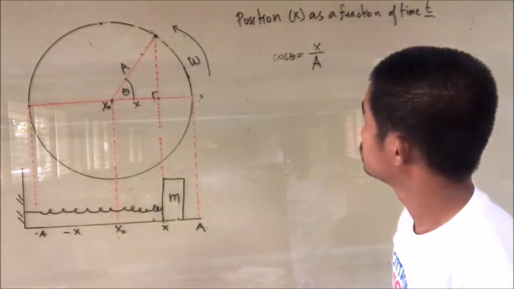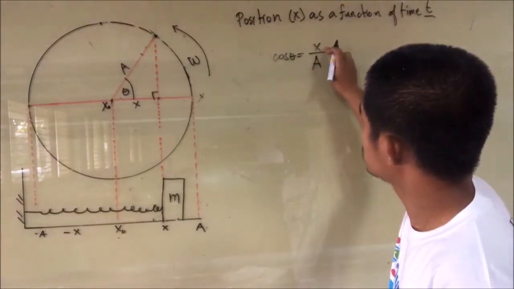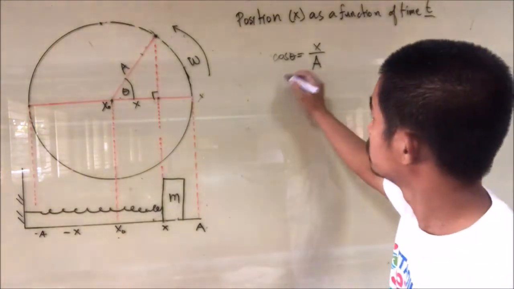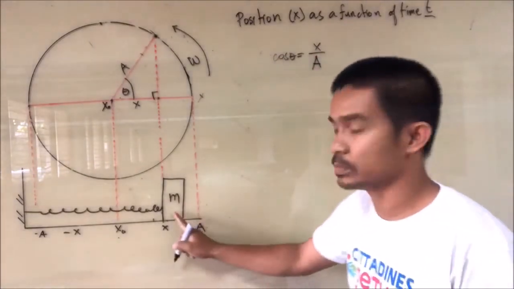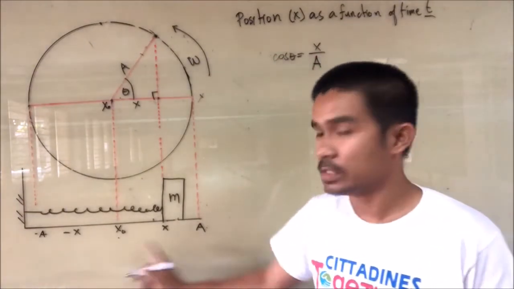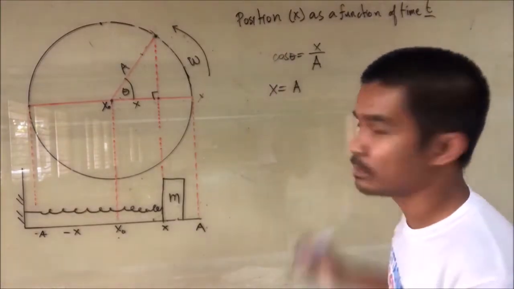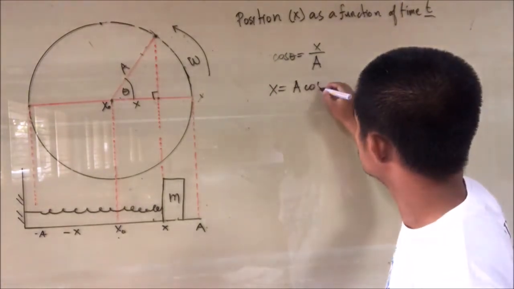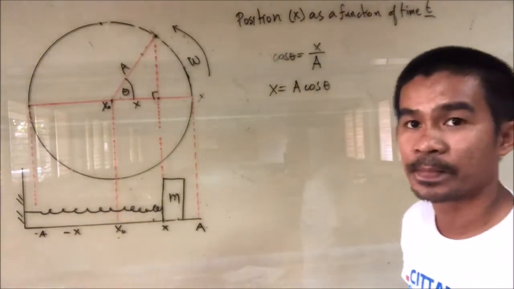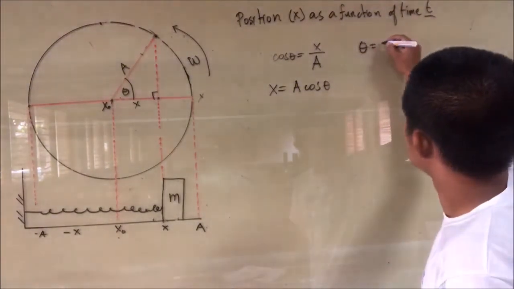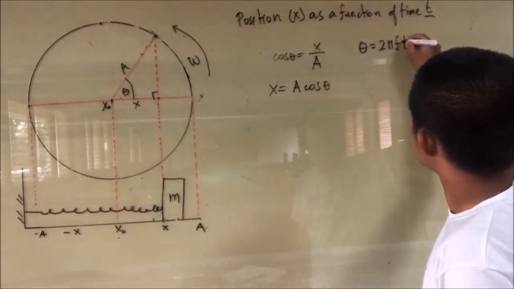Now, to express the equation for x, the position of this object moving in simple harmonic motion, x here is the amplitude A times the cosine of angle theta. And what is this theta? That is 2 pi f t.